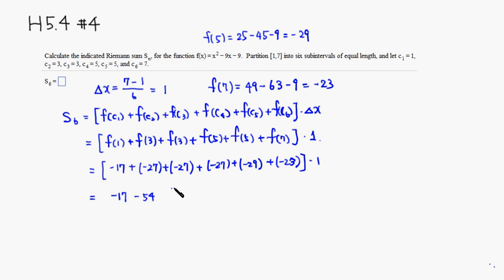Actually, this one should have been 29, so that's going to be negative 58, and minus 23. So combine those two, negative 40, minus 112. So it's going to be negative 152.